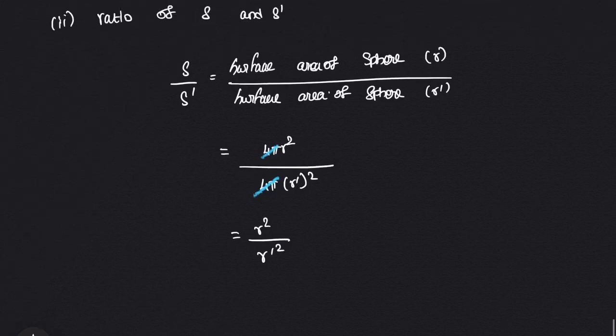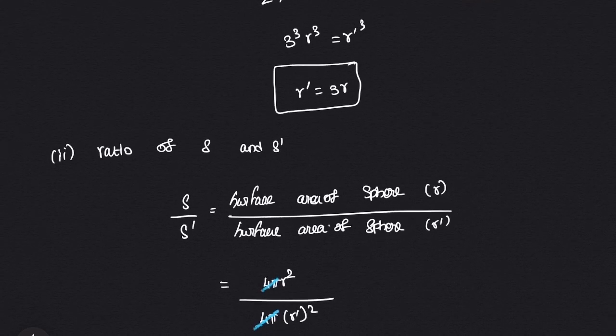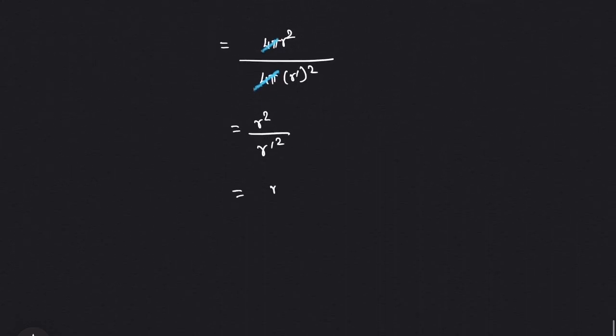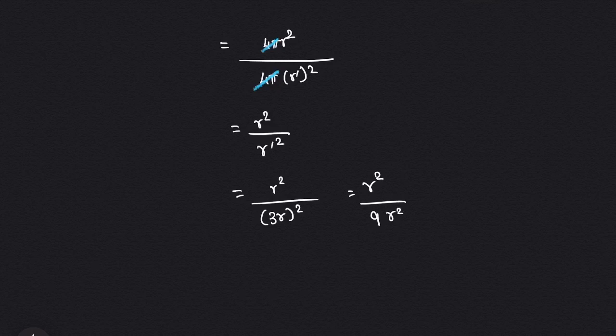But just now we found r dash is equal to 3 times r. So just replacing, r square divided by 3r square. So after applying, r square divided by 9 times r square. So just cancelling the common term, this will be cancelled.